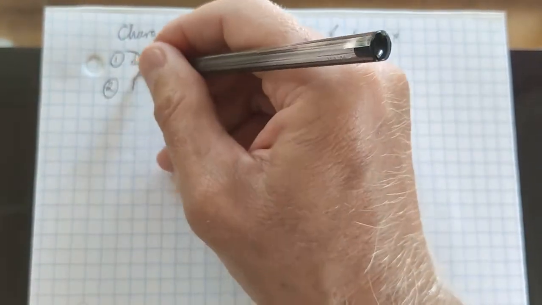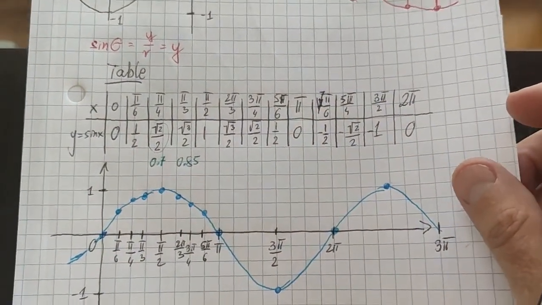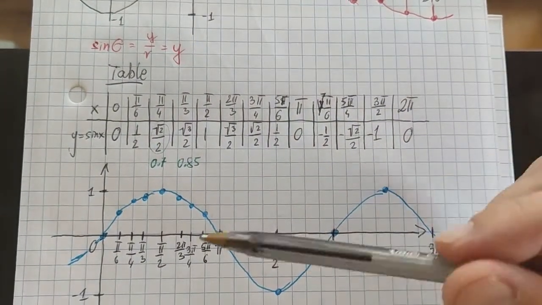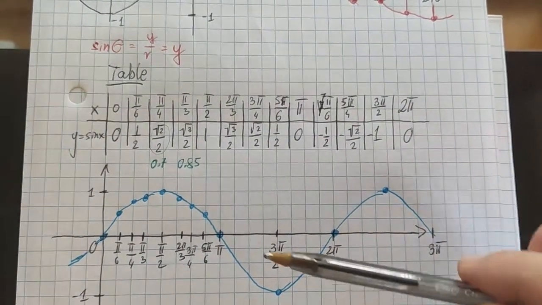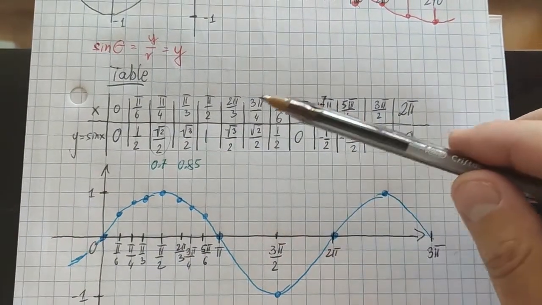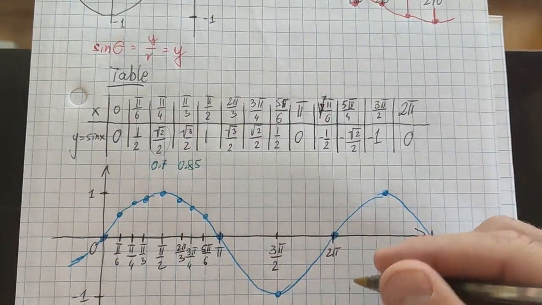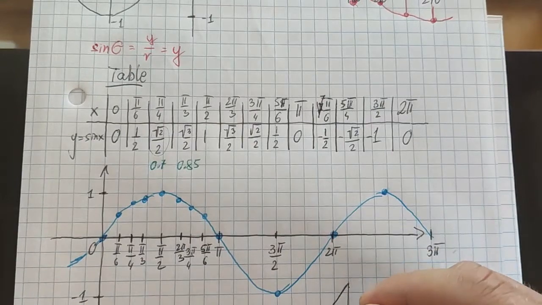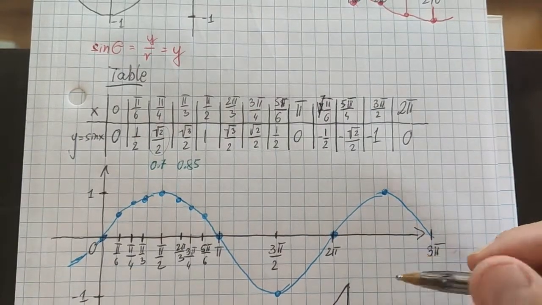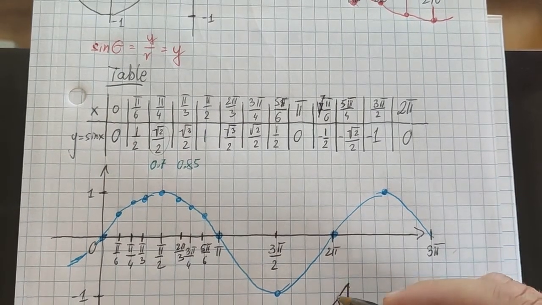Okay, the second is range. We're looking at the y-axis, so how far the graph stretches along the y-axis. You can see it goes from -1 to +1. That comes from the fact that in a right triangle, remember that sine was the length of this over the length of this.